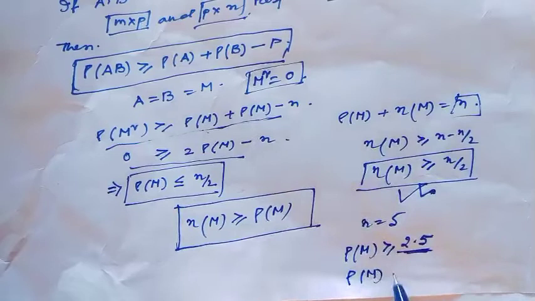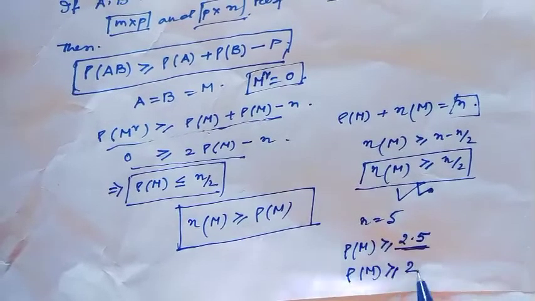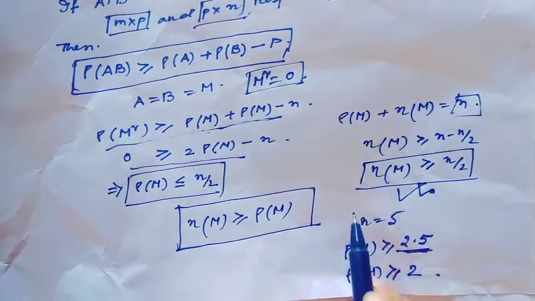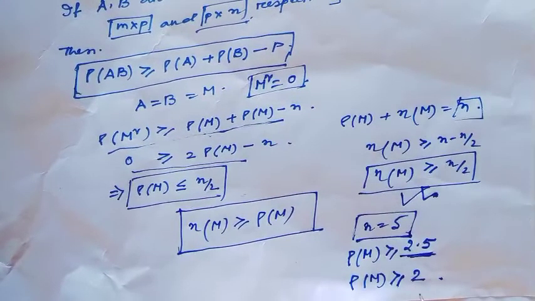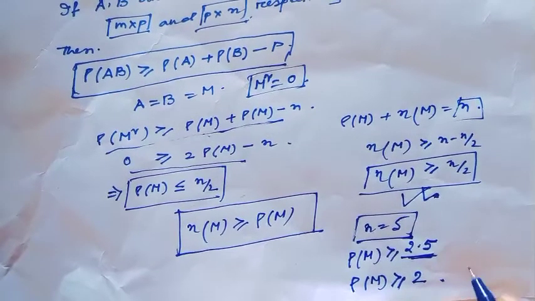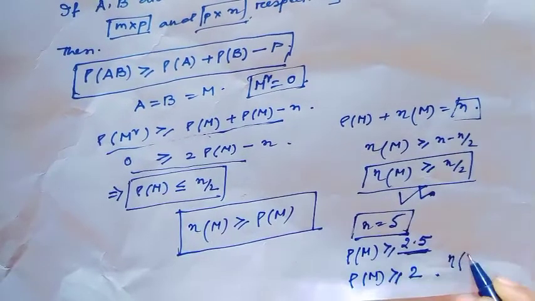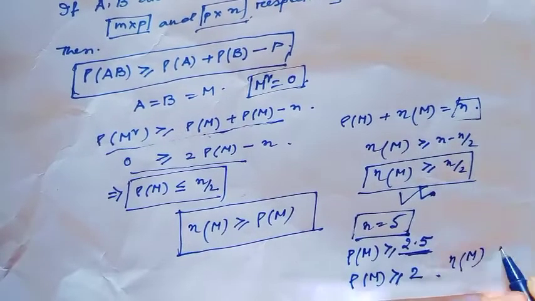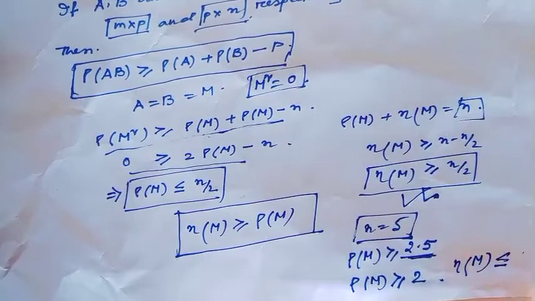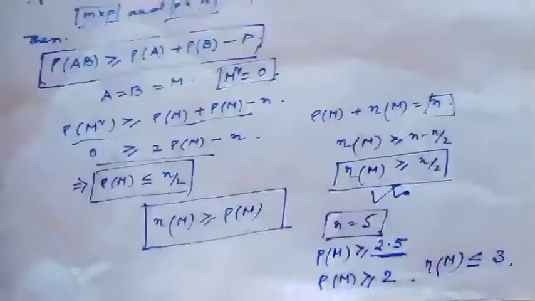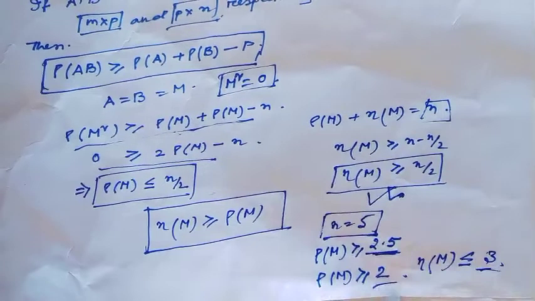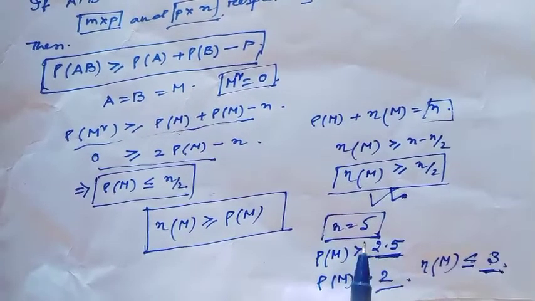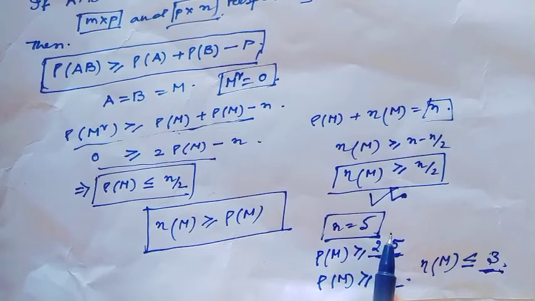Rank of this matrix is always greater than or equal to 2. But here the order of the matrix is 5. Since rank is greater than or equal to 2, that means nullity of this matrix can be less than or equal to 3. Are you getting this? Here I have considered n equal to 5.